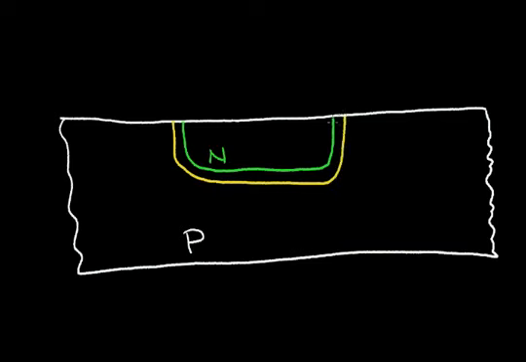Now it'll extend a little bit into the n region, but far less. I'll draw part of it here, depleting a little bit into the n region. So this region here is the depletion region between this PN junction.